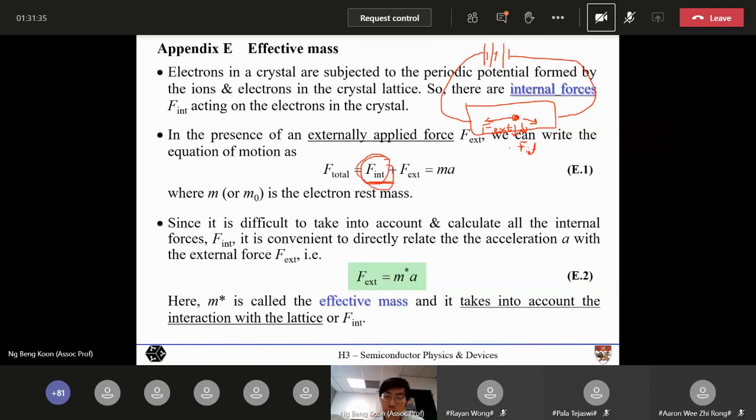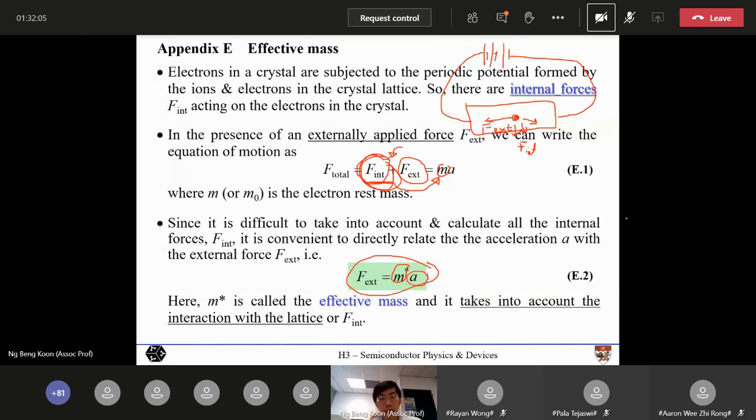So the question is, is there an easier way to take into account this internal force? For example, can we embed its effect into the mass quantity, leaving just the external force that you need to worry about? Then we can write the external force as equal to the product of some representative mass value with the acceleration.